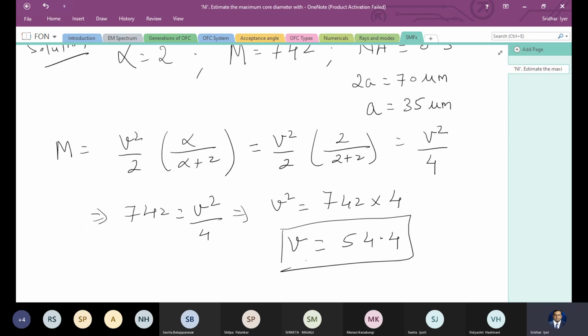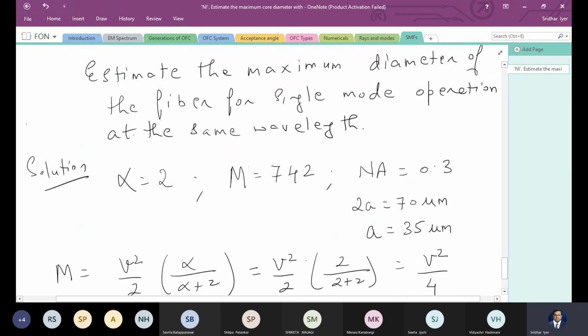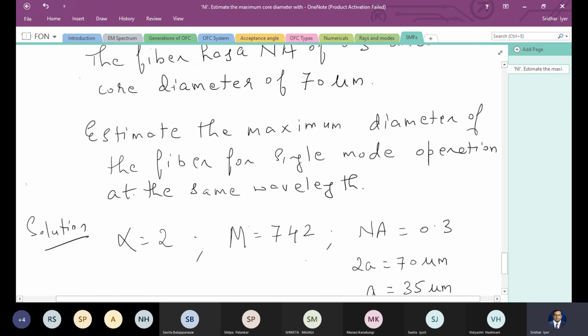Right? Now, why do we need V? We need the value of V because it says estimate the maximum diameter of the fiber for single mode operation at the same wavelength, right?